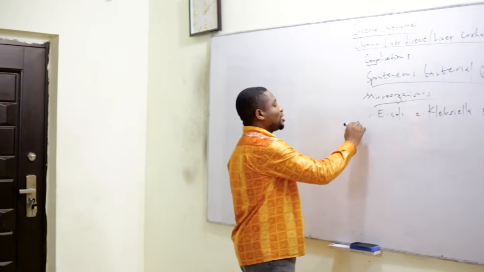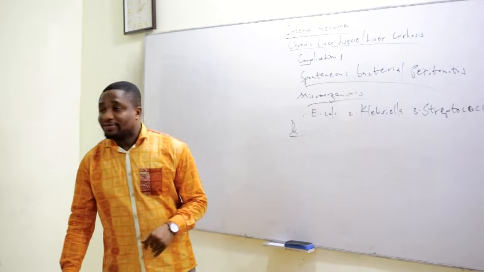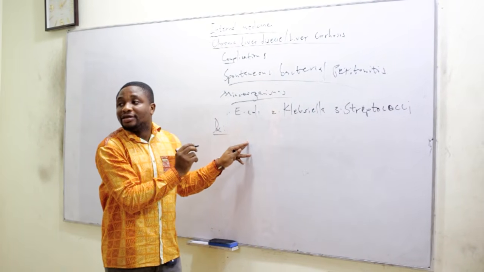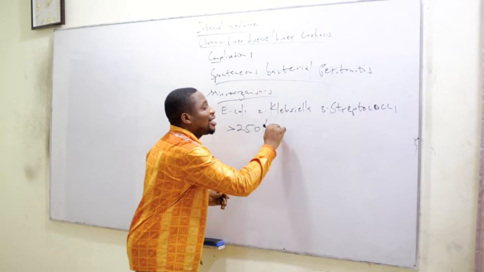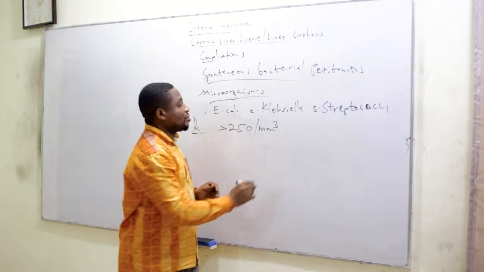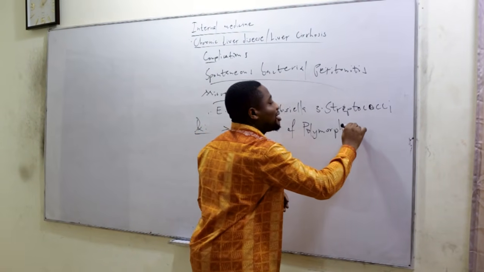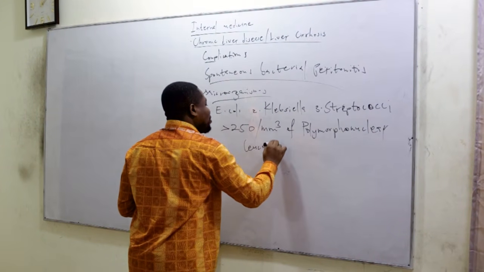Okay? For the diagnosis, you will do what? Ascitic fluid tap. More than 250 per millimeter cube of polymorphonuclear leukocytes, in that case we are looking at the neutrophils, is diagnostic of spontaneous bacterial peritonitis.